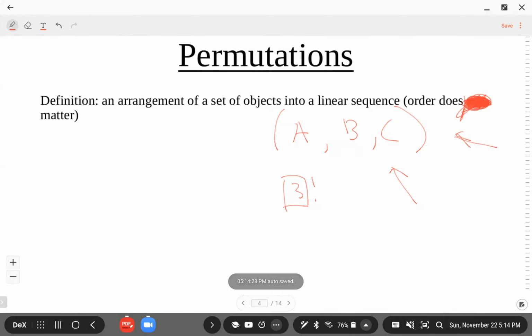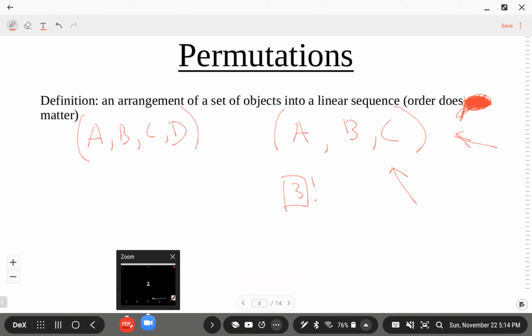Okay, so let's try another one: A, B, C, and D. Can everybody tell me how many permutations of A, B, C, and D?